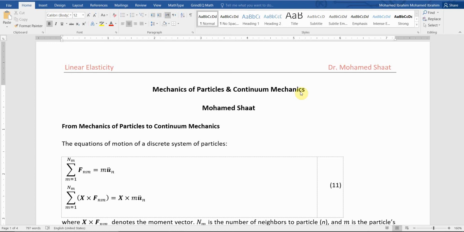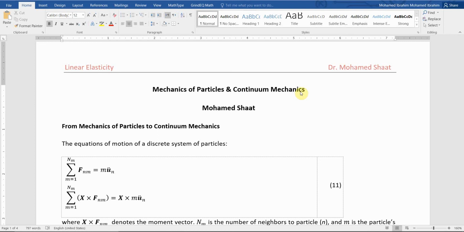The particle is a representation of the material's main building unit. For example, in a polycrystalline material, the grain itself is represented as a particle in the context of classical mechanics. In classical mechanics, this grain, which is the particle, is represented as a point.